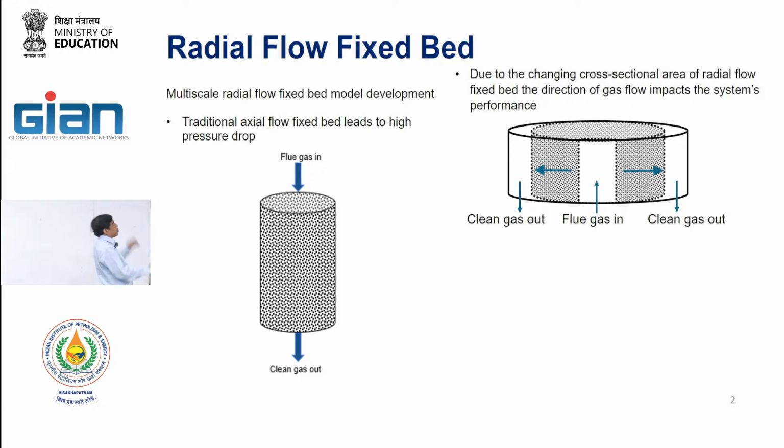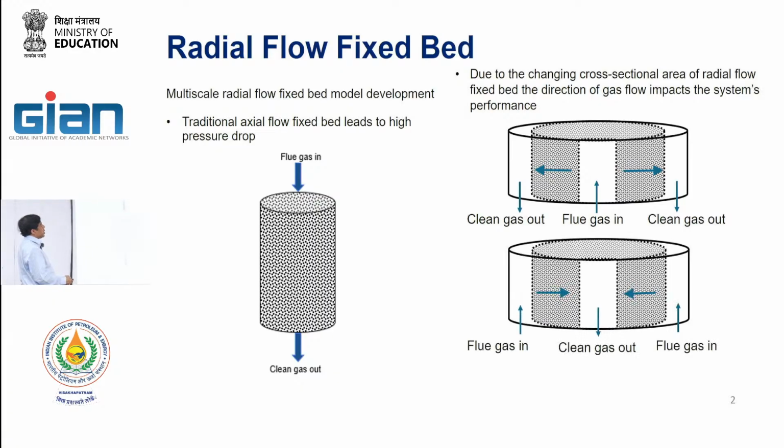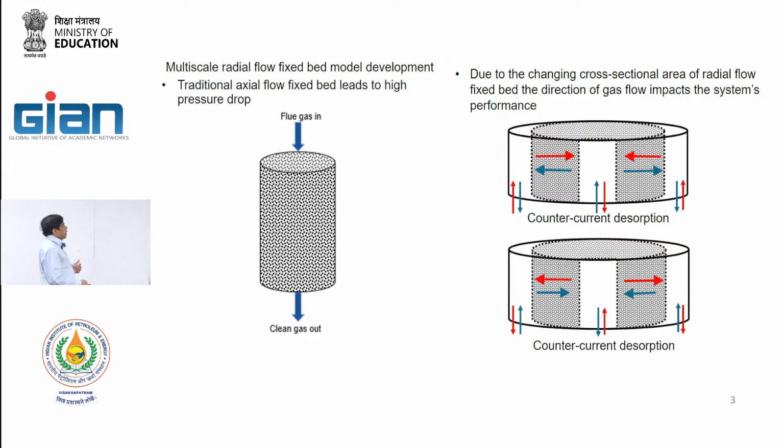What you do is that the gas comes through the inner annulus, and there is an outer annulus here. So flue gas comes in and then moves this way, goes out. So this could be one configuration. And then it can also be that the gas comes in at the outer annulus and then flows this way. So either type of configuration is possible.